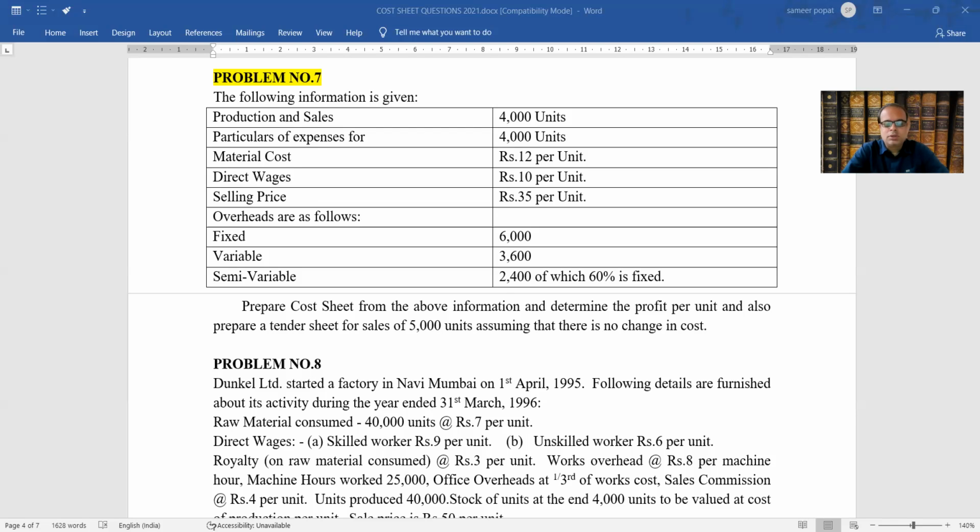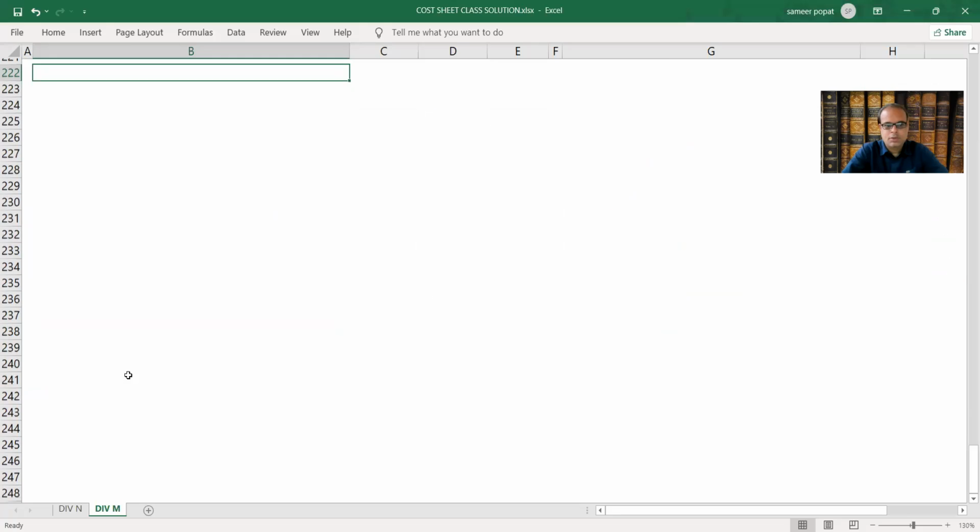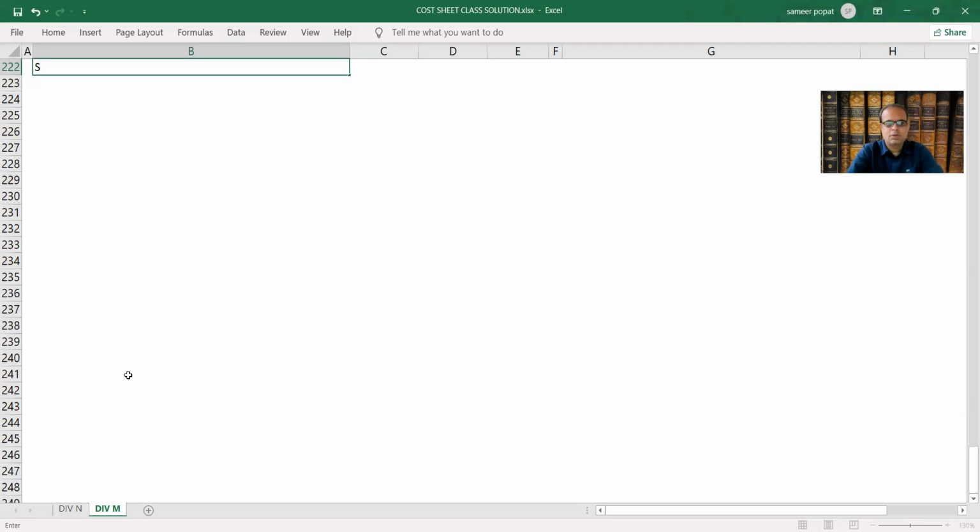Okay, so if semi-variable cost is given, and we are supposed to prepare the cost sheet for a particular quantity.